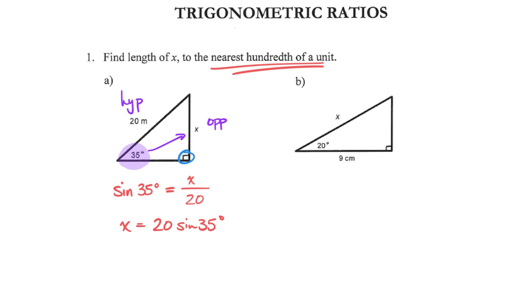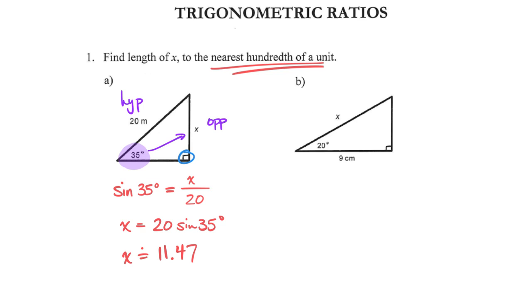So you are going to go through your keying sequence however you have to. Last time we were just trying to figure out how to punch in ratios. Now we have an operation. If you have a forward calculator, you can punch in 20 sine 35 right away, and you are going to get an approximate value of 11.47.